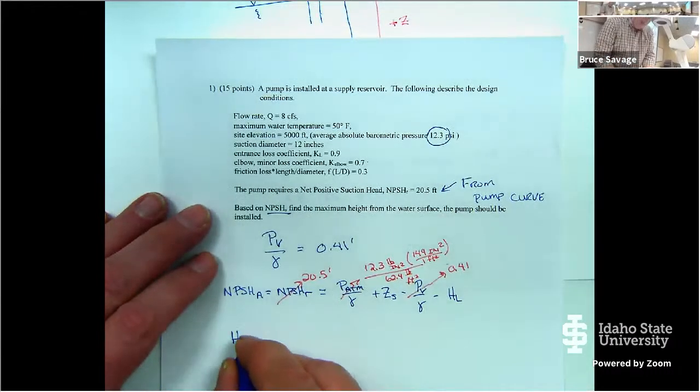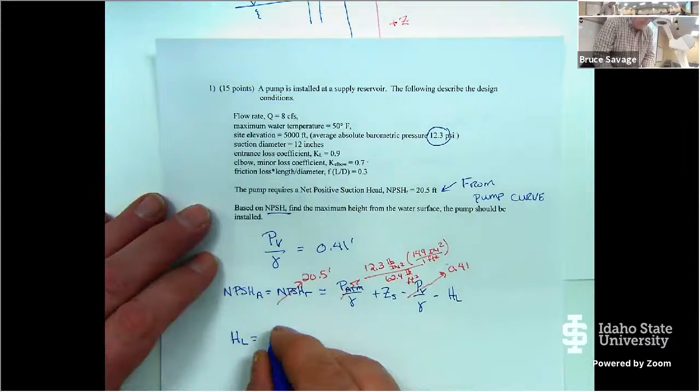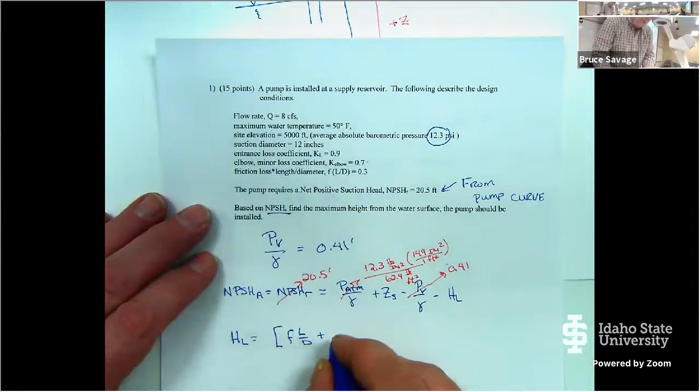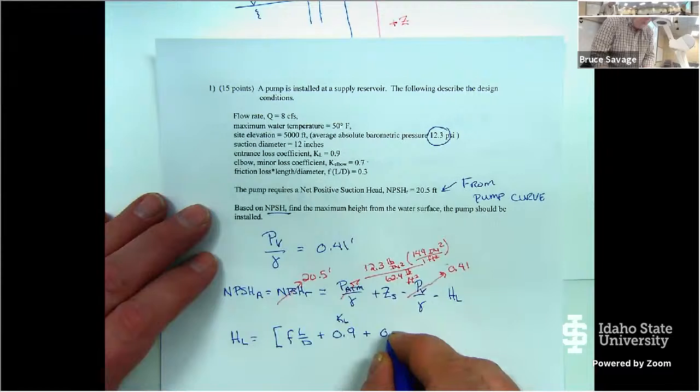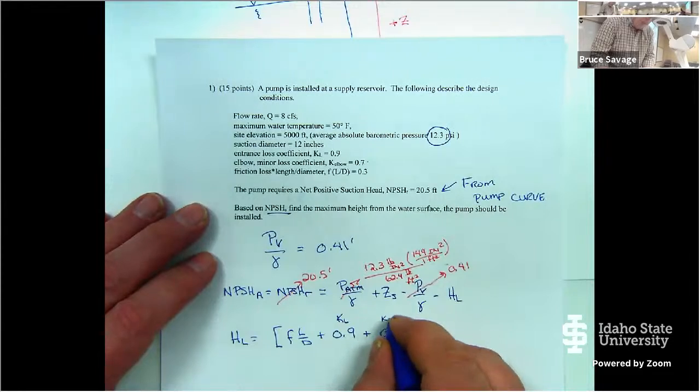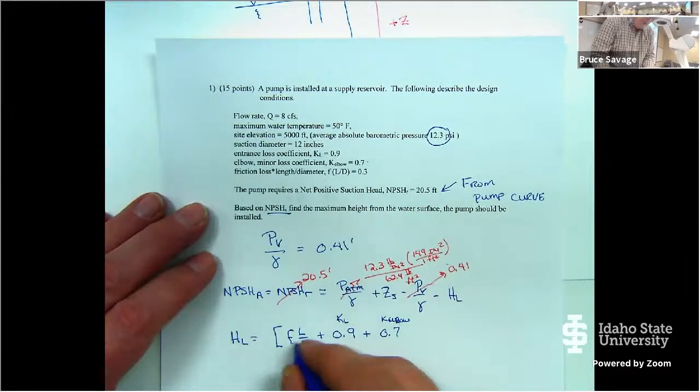So we know head loss is equal to the quantity F times L over D plus the entrance loss, which is going to be 0.9, so this is K sub L, plus the minor loss coefficient, 0.7. This is K of the elbow. F times L over D goes to 0.3.